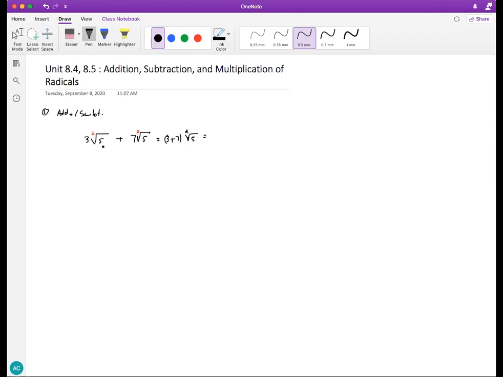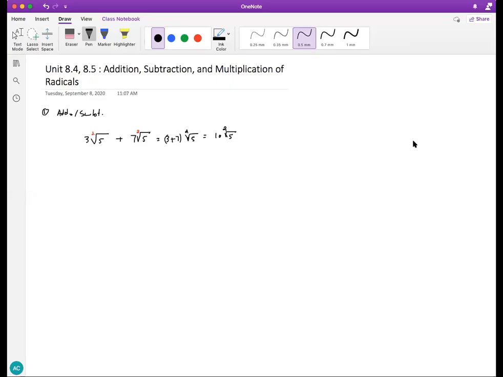So basically just add the leading coefficients. That's 10, then radical 5, index 2. That's important when you add radicals: you must have the same radicand and the same index as well.